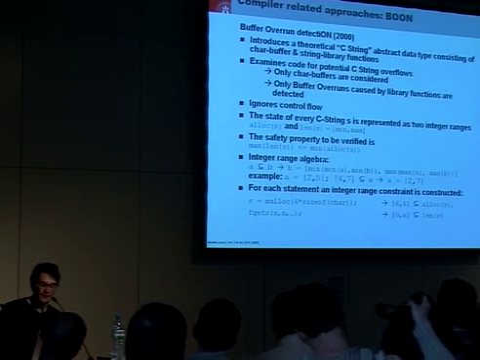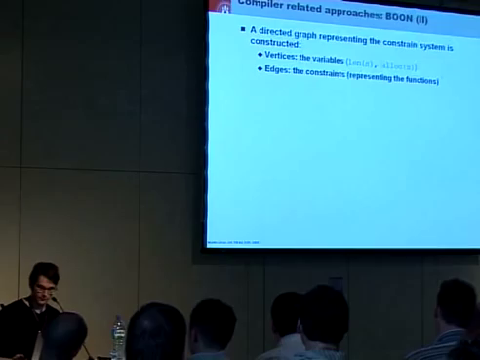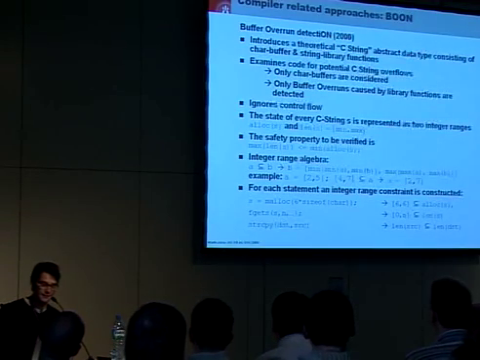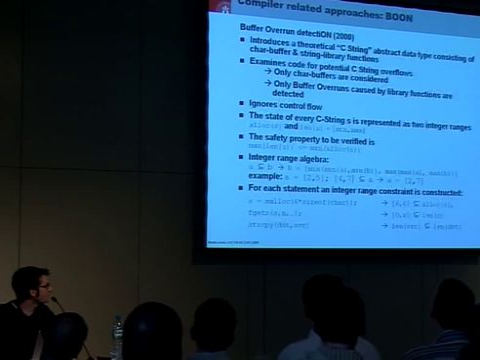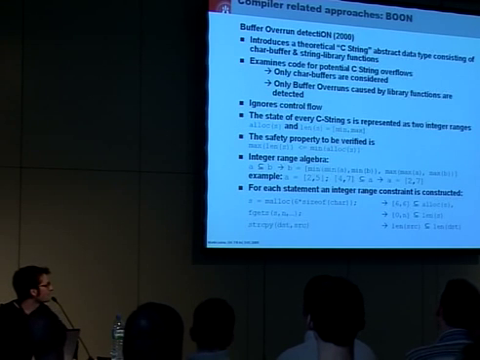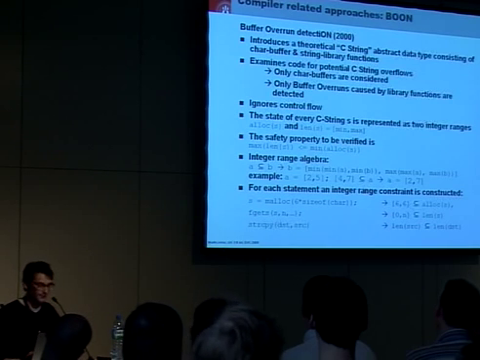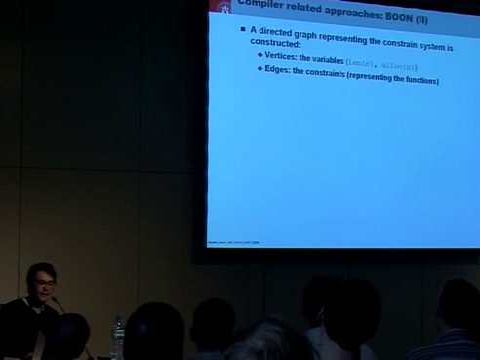We know that the length of S should contain at least the range between 0 and n. And string copy, a really important one. If we copy from source to destination, the constraint that is constructed is that the length of the destination should at least contain the length of the source. How this is computed, I'm going to show you in a little bit more detail.